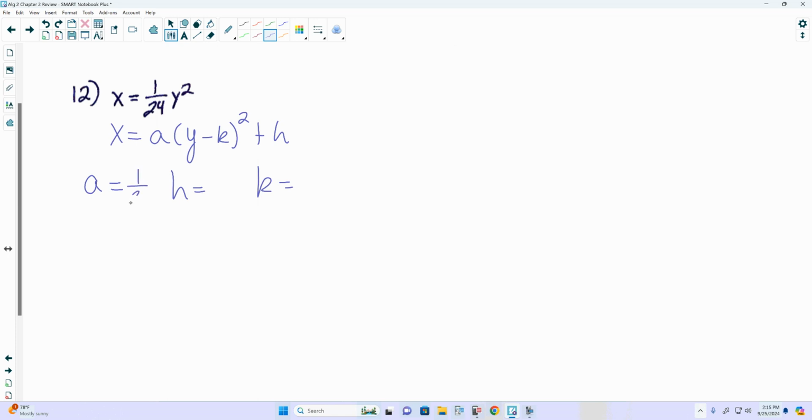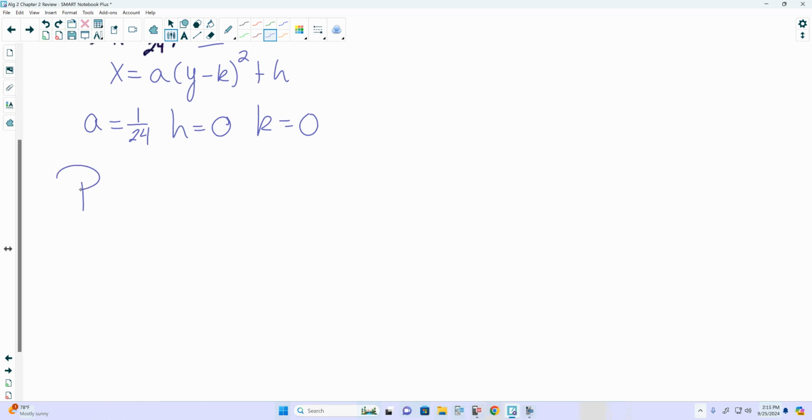A is 1 over 24. H is 0. K is 0. With x equals, make sure to be paying attention, because k is now inside and h is outside, yes? Luckily for this one, even if you flip it, it doesn't make a difference, because h and k have the same value.